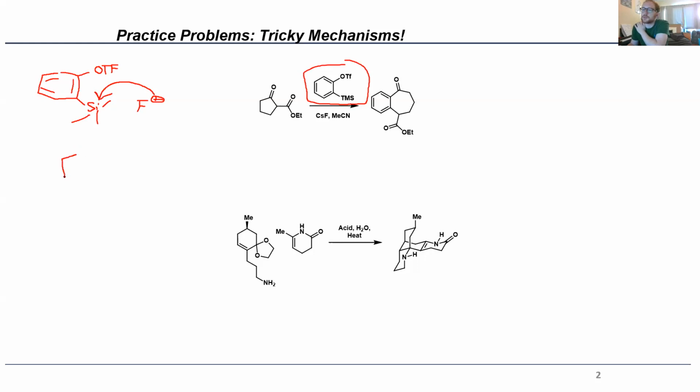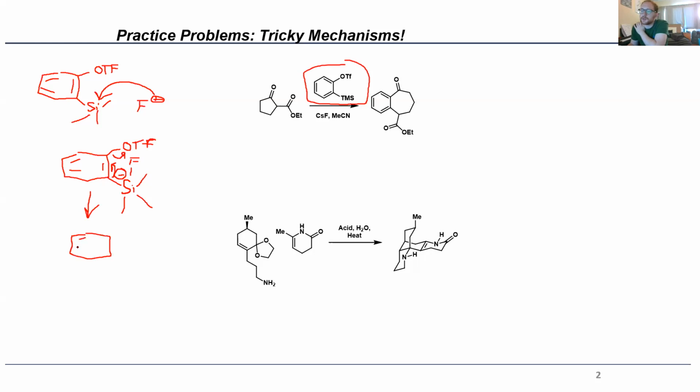This makes a pentavalent silicate intermediate. And this can collapse and eject our triflate, which is a great leaving group, to give us benzyne.